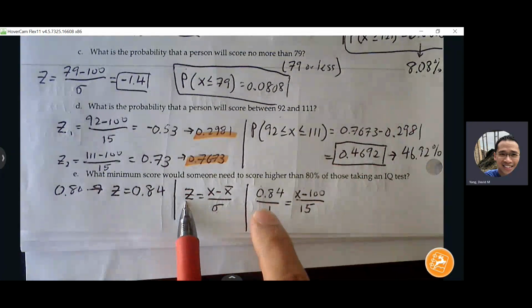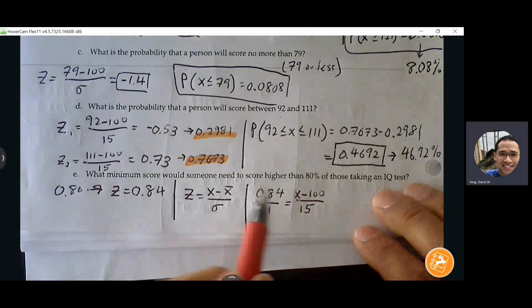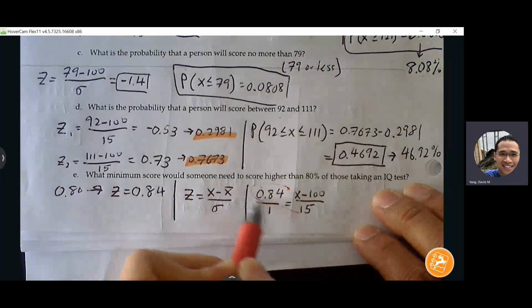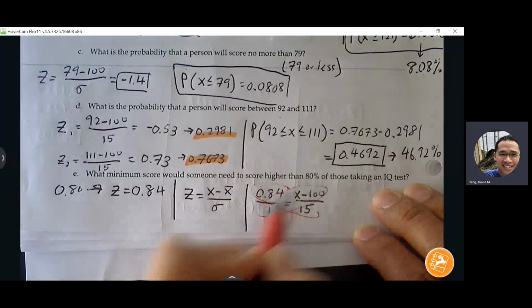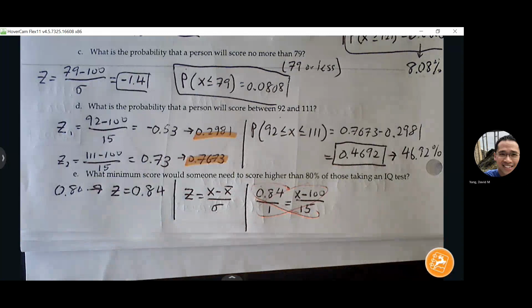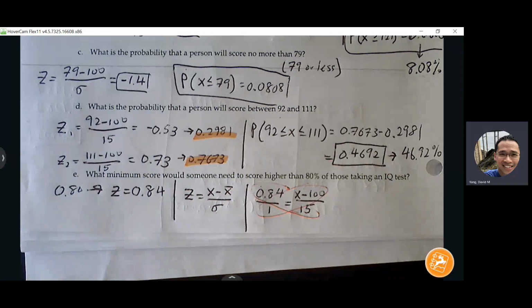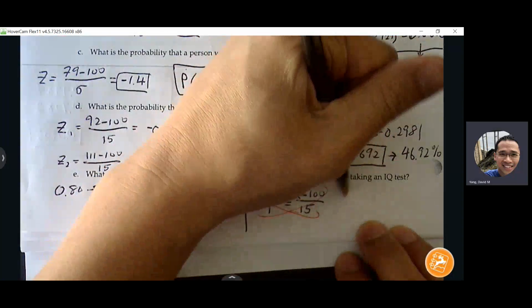Then I should be able to just work my equation and solve for x. 0.84 times 15 is 12.6.